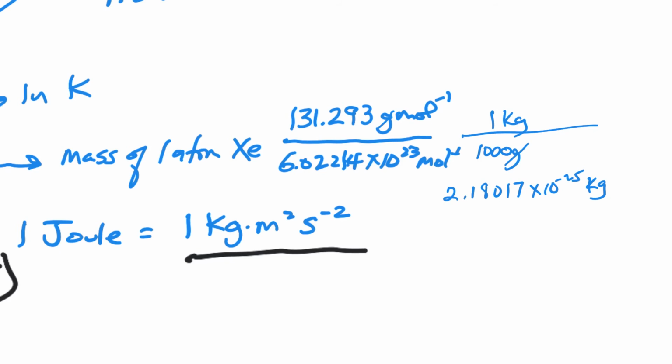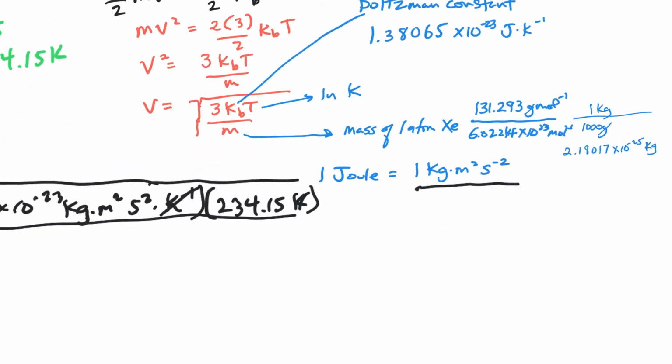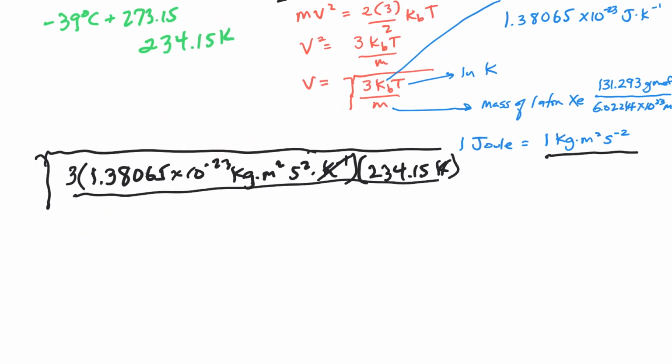We're now in kilograms. When I put that on the bottom, it'll cancel with kilograms in the other. So on the bottom I'm going to put 2.18017 times 10 to the negative 25 kilograms. Kilograms will cancel.